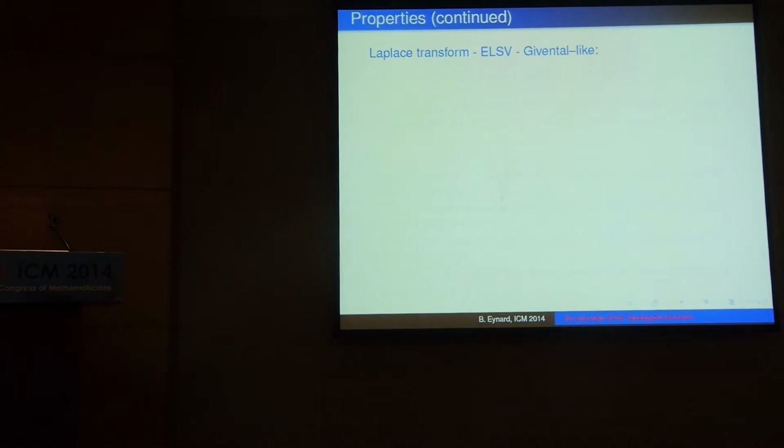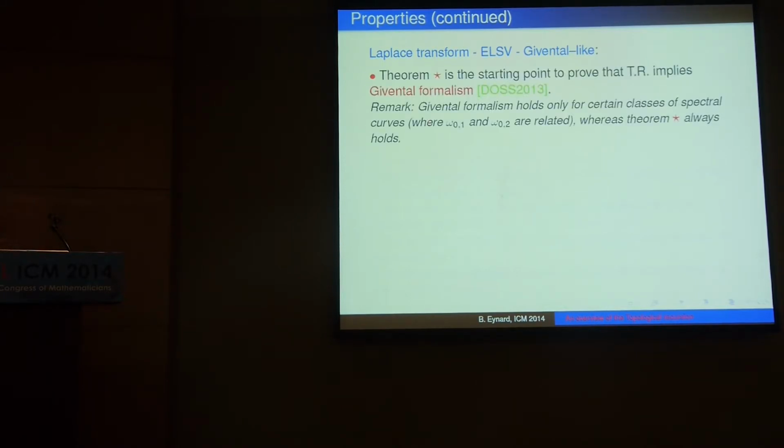Well, let me make some comments. In fact, it was proved by Dunin-Barkowski, Orantin, Shadrin, and Spitz last year that this theorem implies that the omega g n always satisfy some Givental formalism. Well, not really always, in fact.